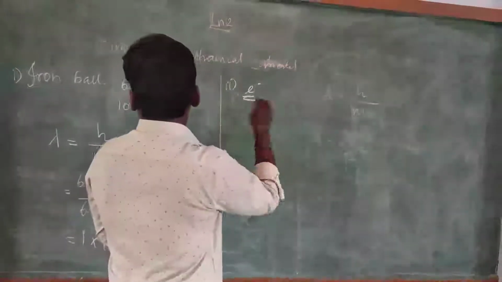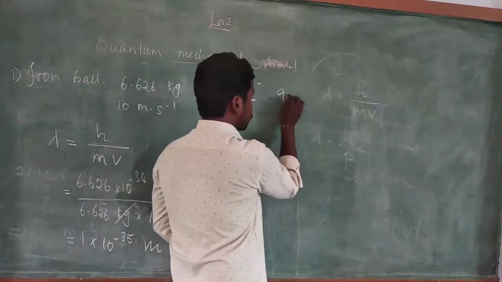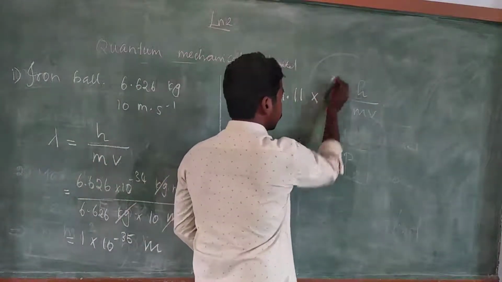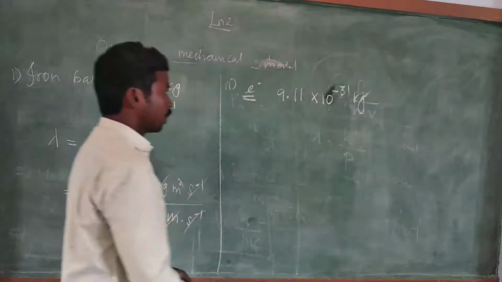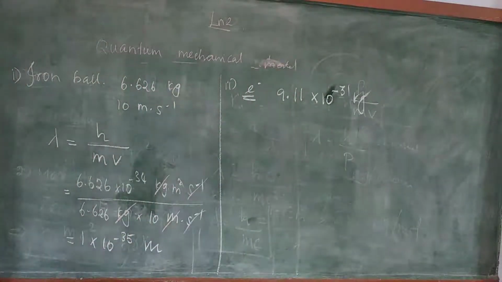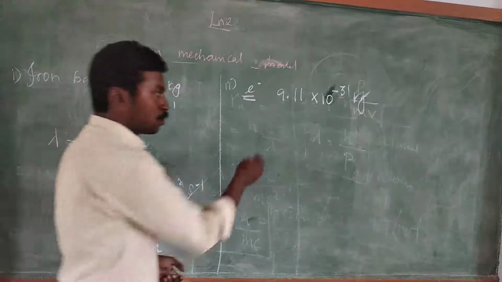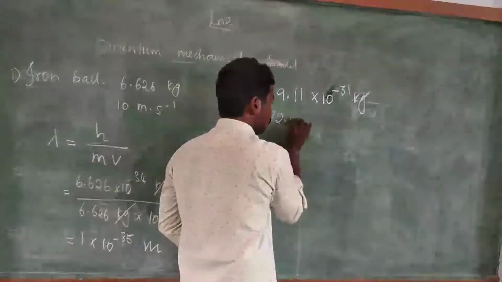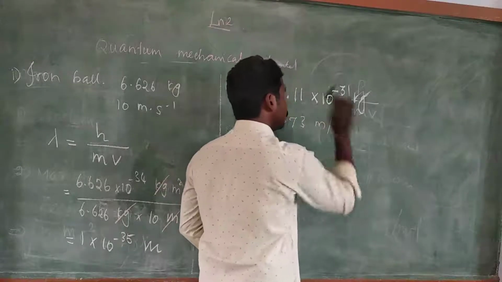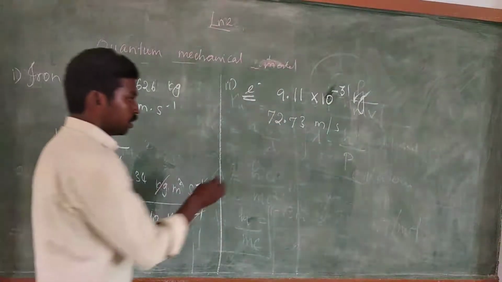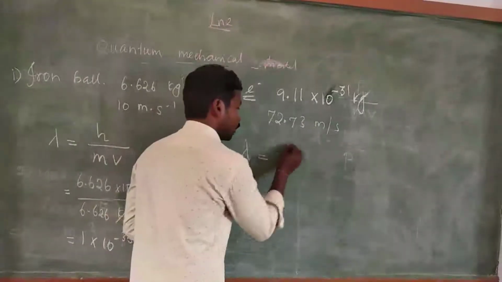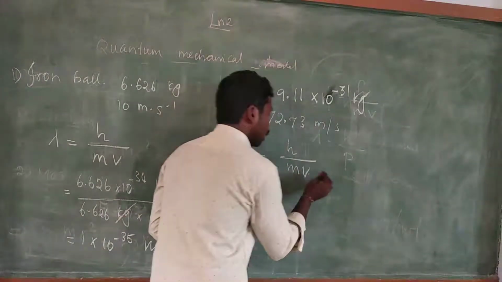Then second one, we can take an electron. For the electron, the mass will be 9.11 into 10 to the power minus 31 kilogram. This is the mass of the electron and it is moving with the velocity of 72.73 meter per second. For this electron also we are going to find out the wavelength. By applying the formula, lambda is equal to h by mv.